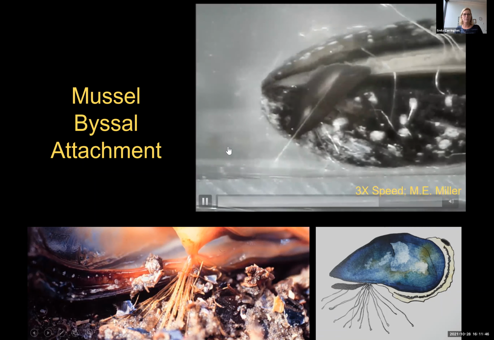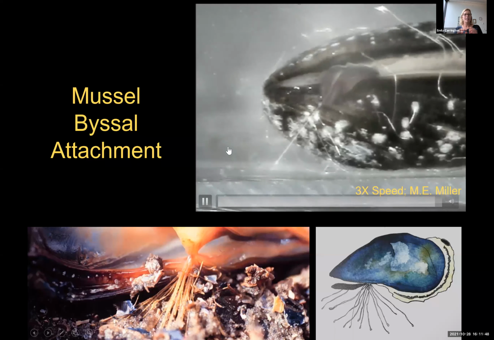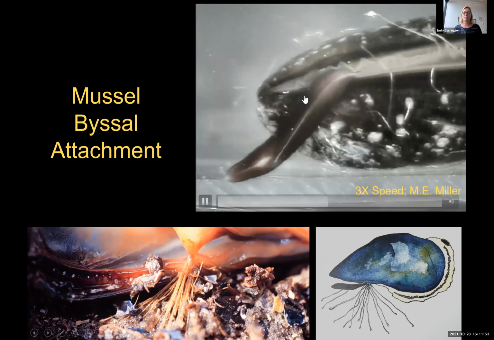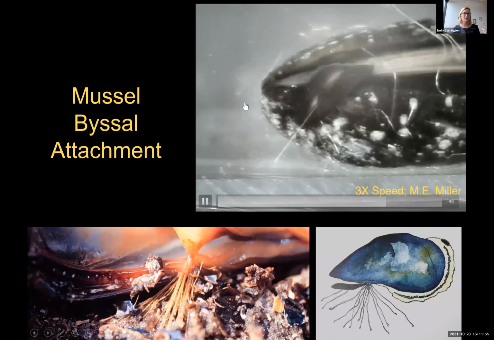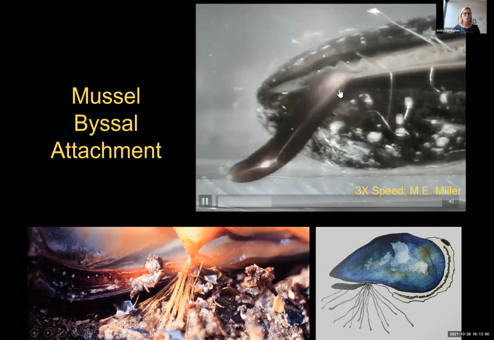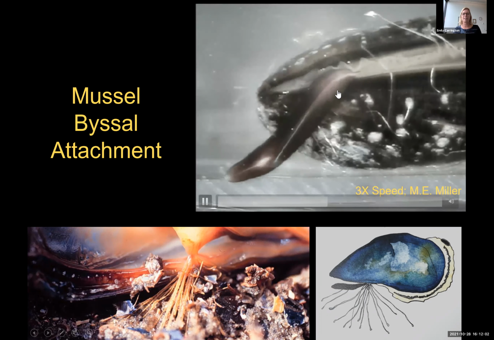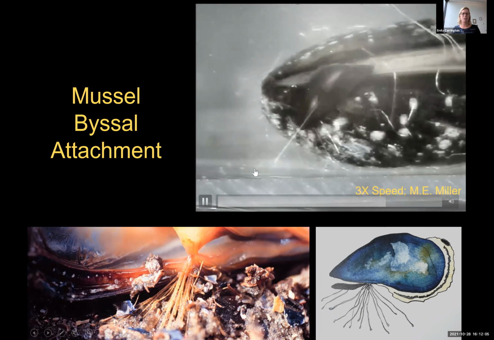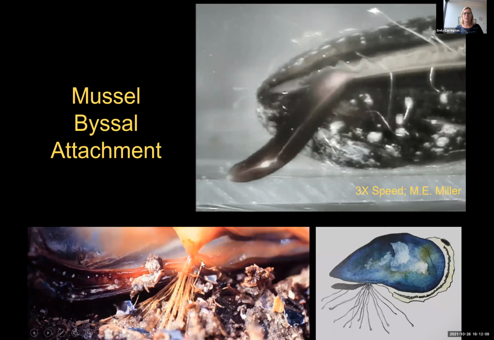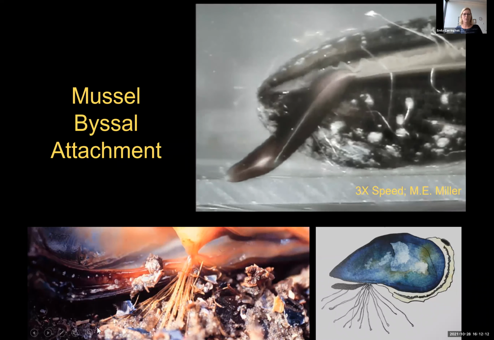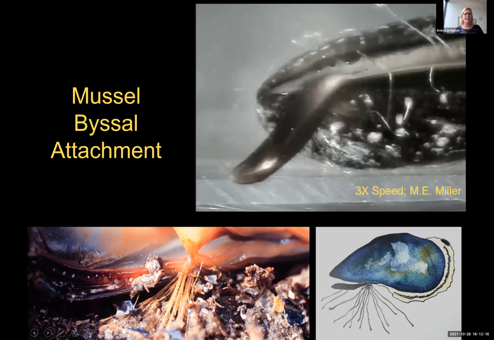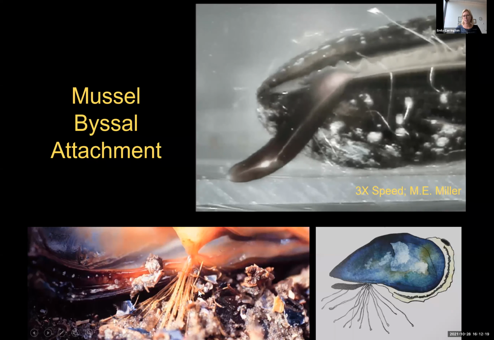And also in the groove of its foot, it's secreting proteins that set up and are molded into a fiber. So when the animal takes its foot away after 1 or 2 minutes, what's left behind is one of these byssal threads. They actually come out white, and over the course of several days, they set up and become stronger and turn into these beautiful golden byssal threads. So the animal makes many of these fibers, and collectively, this is known as byssal attachment, and that's what secures the animals to the substrate.